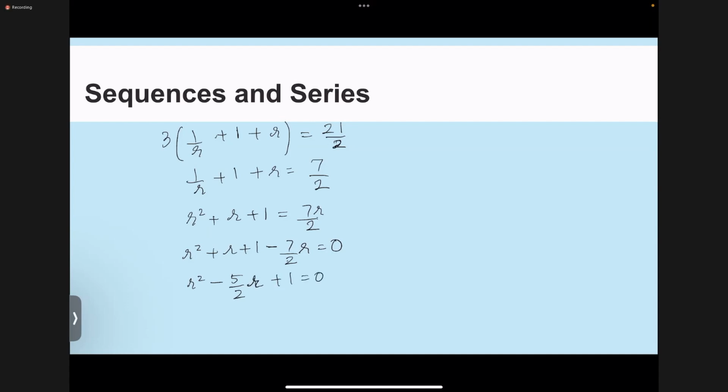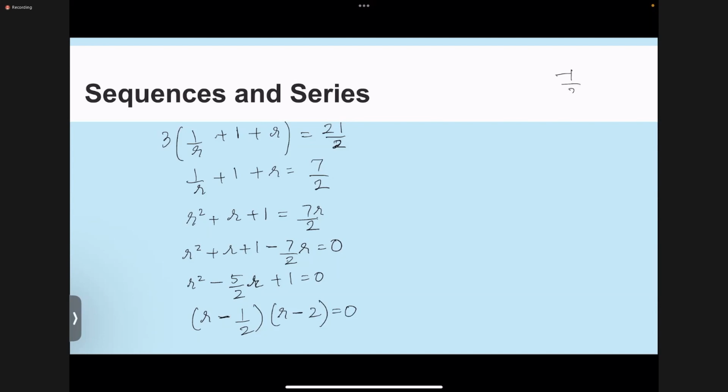Okay, so if you want to get your minus 5 by 2, then you can have your R minus 1 by 2 and R minus 2. Okay, why?